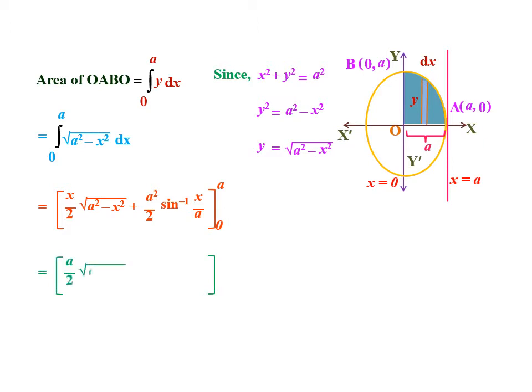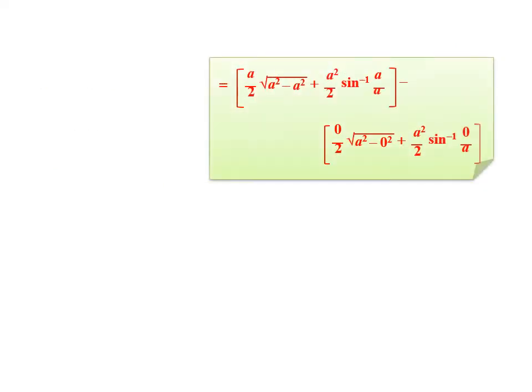Substituting the limits, we get a by 2 root of a square minus a square plus a square by 2 sine inverse a by a, minus, in place of x replacing it by the lower limit, 0 by 2 root of a square minus 0 square plus a square by 2 sine inverse 0 by a, which is equal to 0.